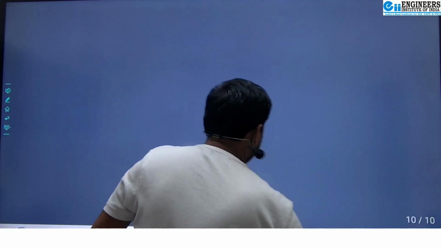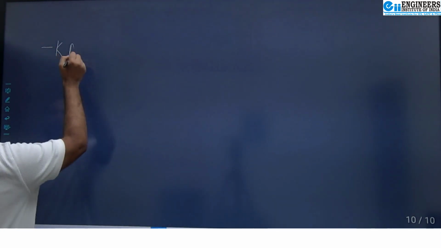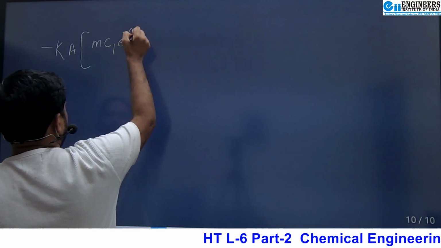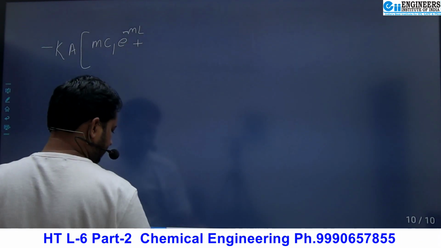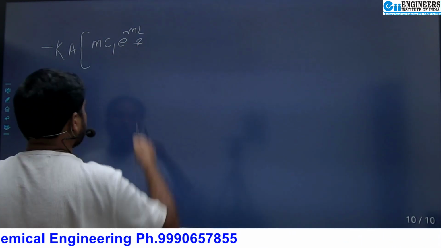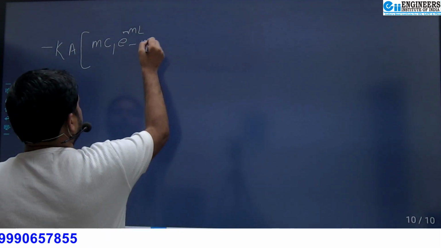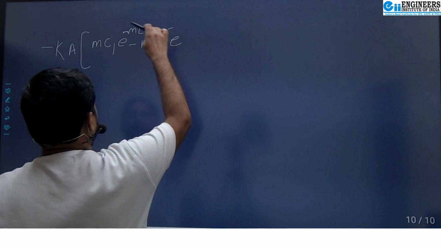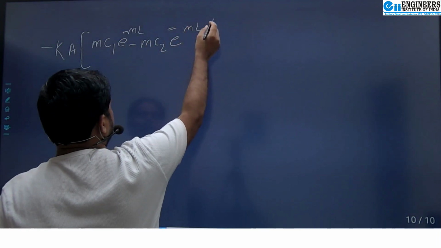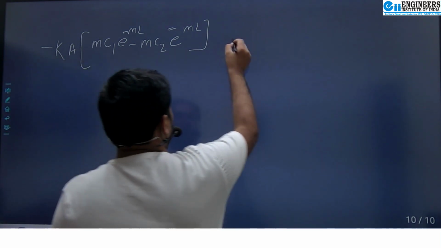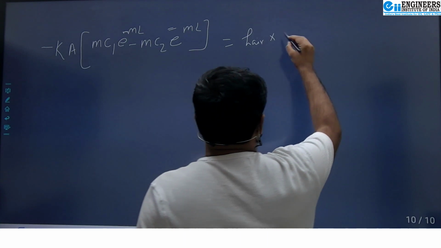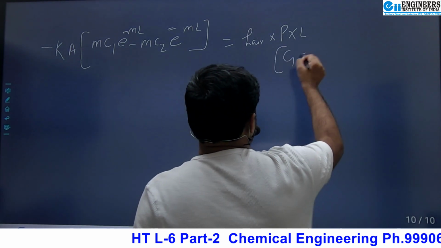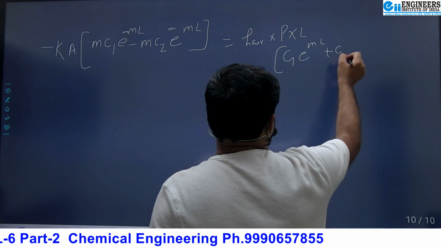Now further, minus k a times m C1 e power ml minus m C2 e power minus ml, because we have taken this as minus ml, equals h P L into C1 e power ml plus C2 e power minus ml.